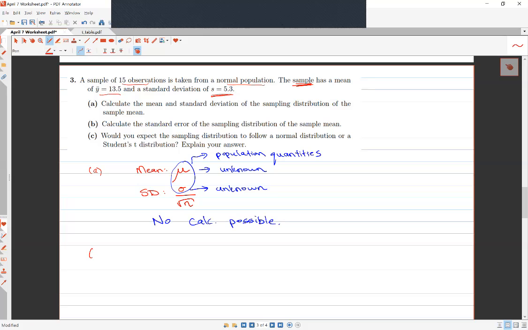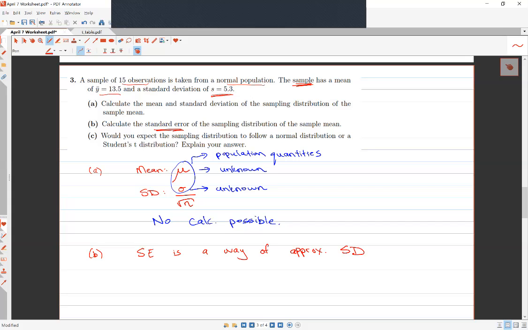Now, what can we do? Part B is asking for the standard error of the sampling distribution. The standard error is a way of approximating the standard deviation.